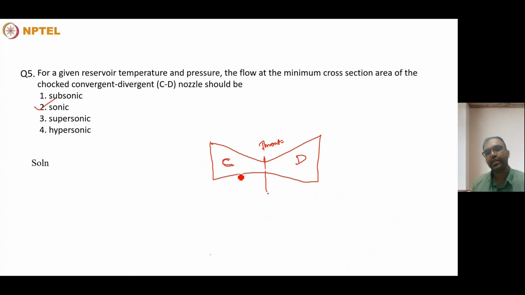But for Mach number greater than 1, the diverging section will be acting as a nozzle, and the converging section will be acting as a diffuser where the pressure increases.